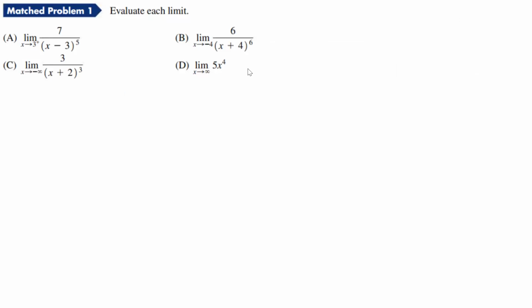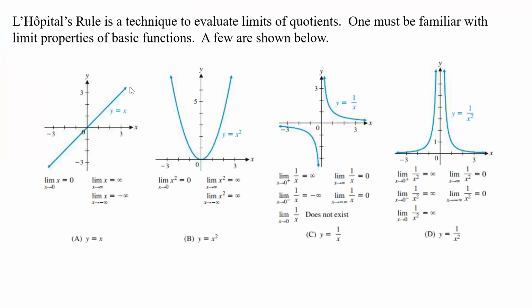The first one is the limit as x approaches 3 from the right of 7 over x minus 3 to the fifth. With this one, that's an odd number, so let's go back to our picture. If it's an odd number and it's 1 over that, we're going to compare it to this function here. Basically, it's shifted to the right. The x minus 3 means it's going to be shifted over to the 3.